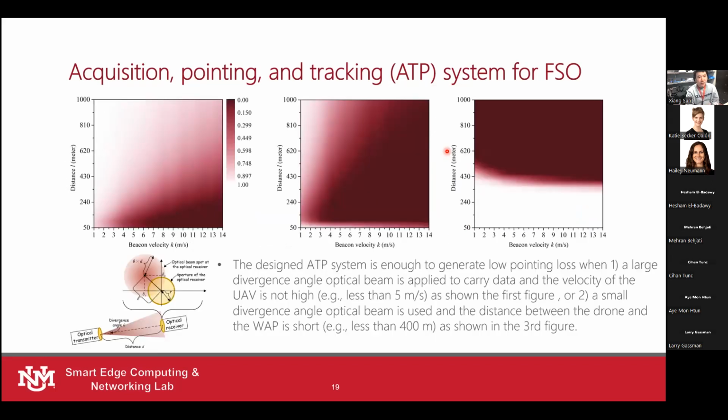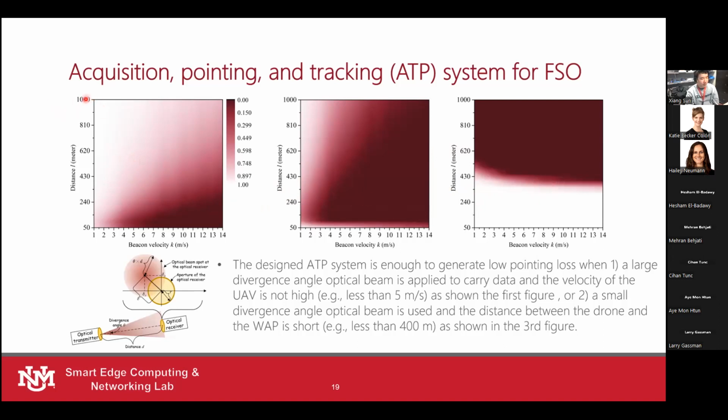We first analyzed the average pointing loss of the FSO link by applying the ATP system. Those are three figures showing the value of the average pointing loss by applying the designed ATP system when the divergence angle is 2 milliradians, 1 milliradian, and 0.1 milliradians.